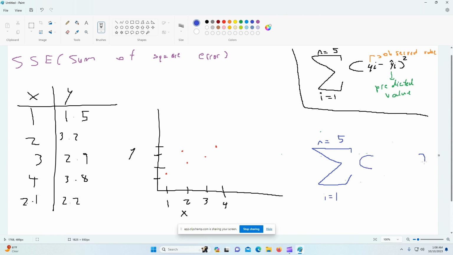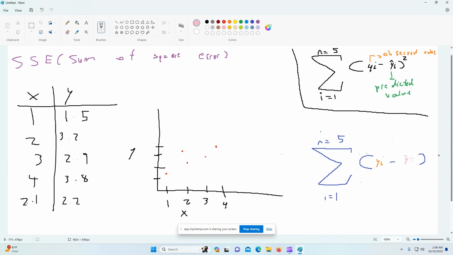The best thing we can do is subtract our observed values, so y, minus the mean. This is, again, just the best we can do in this moment.